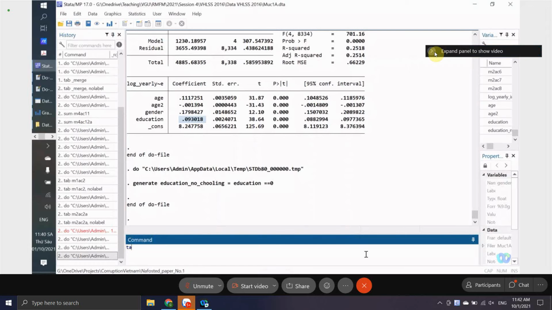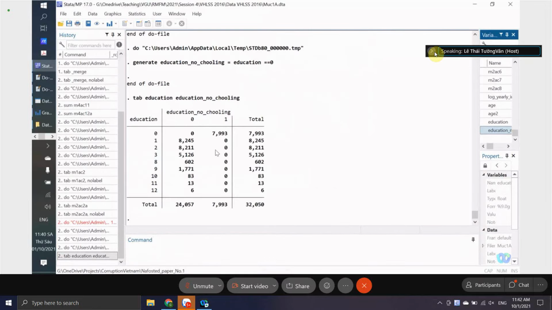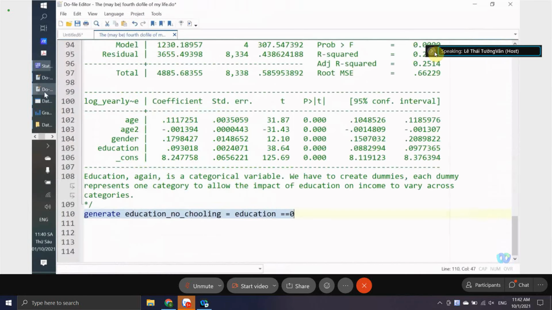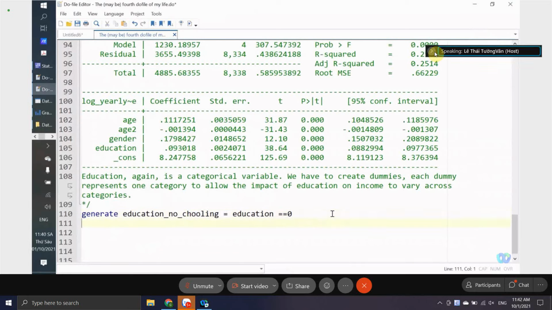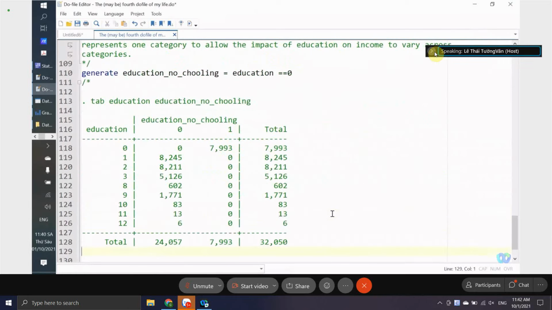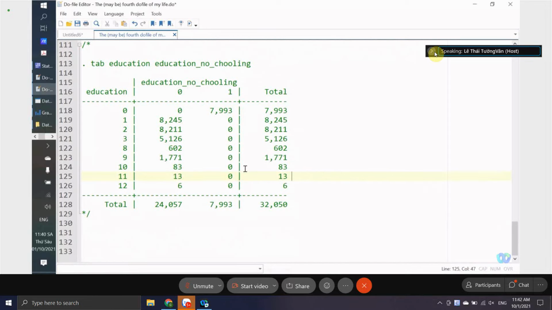And if I tab it, you will see that, when I'm showing you these things, I am also introducing you to the commands that we can use to examine the data, right? So you will see of the variable schooling, education no schooling is here. 7,993 people have no schooling.